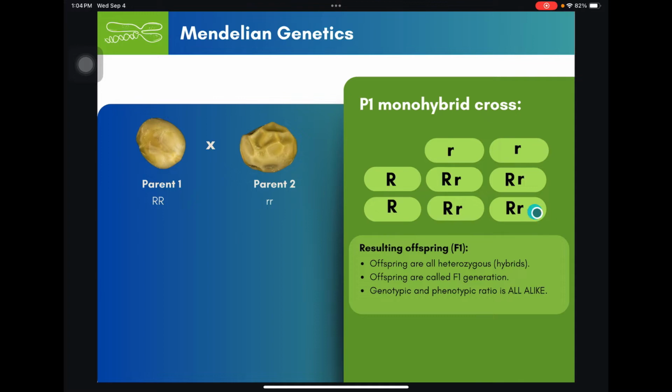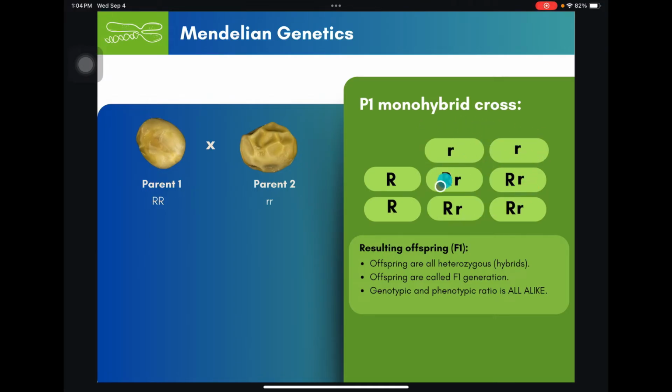So, if we're going to cross two pure parents, homozygous dominant and homozygous recessive, all of the offspring will contain heterozygous alleles, which is already expected because we have here dominant and we have here recessive traits.